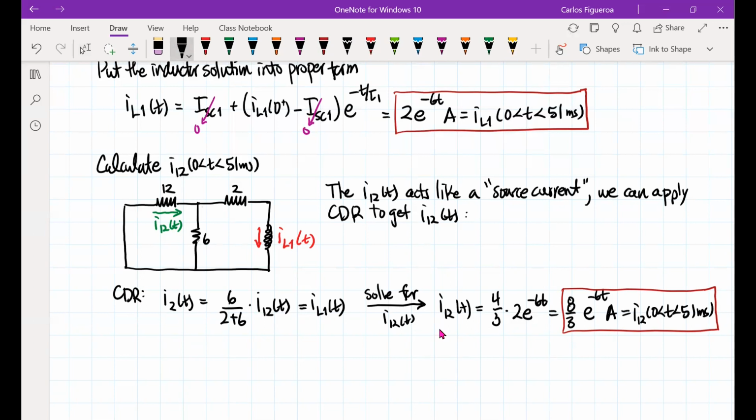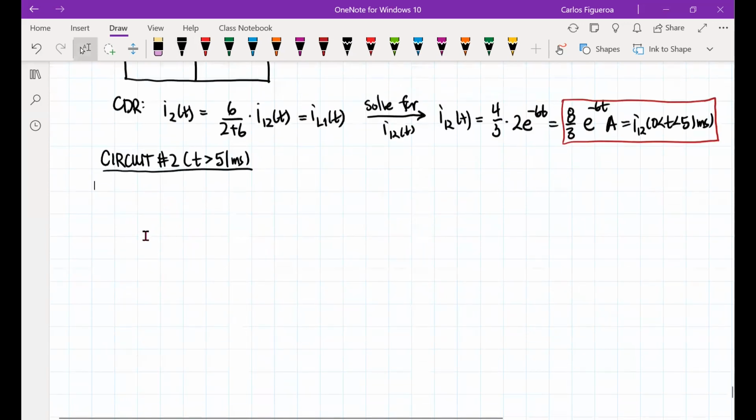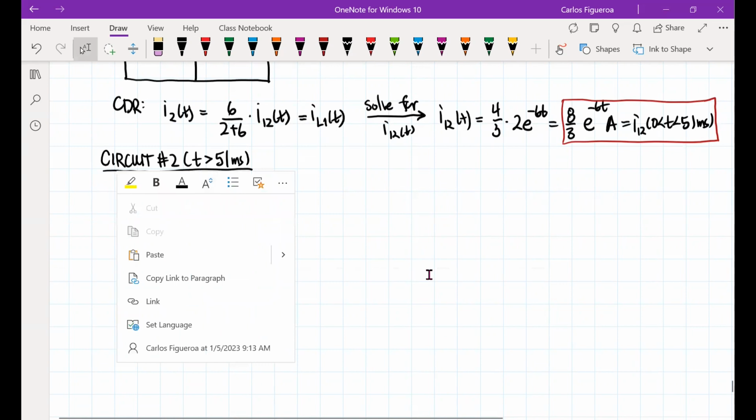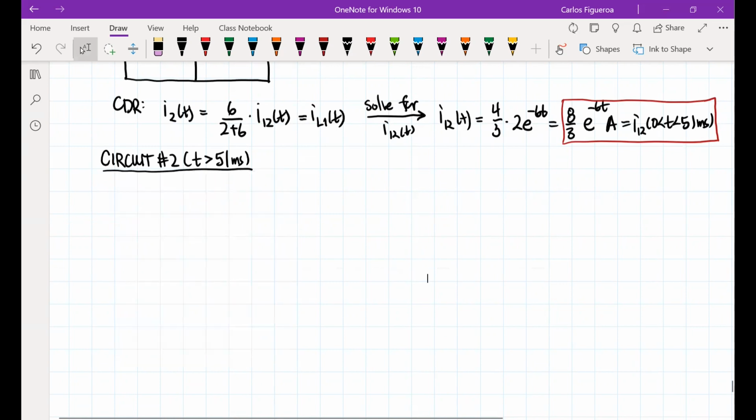Now our second switch is thrown. So now we have our third circuit, which I've labeled 2, and this is for t greater than 51 milliseconds. So let's look at this here. Oh, I do not have that, so I need to go get it. I want to put in the circuit, and here it is.